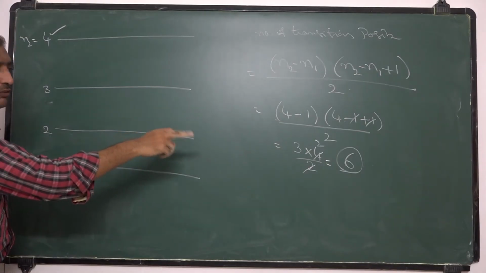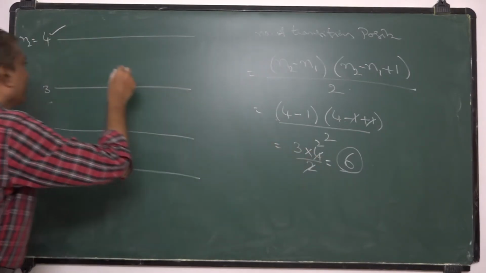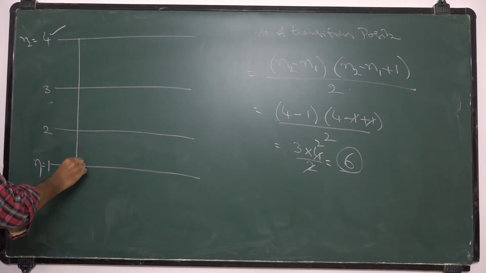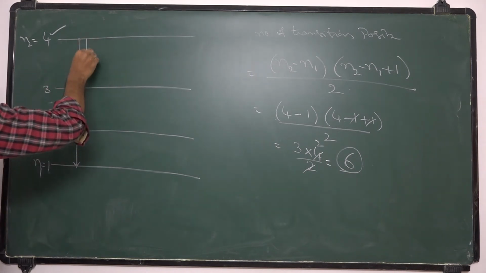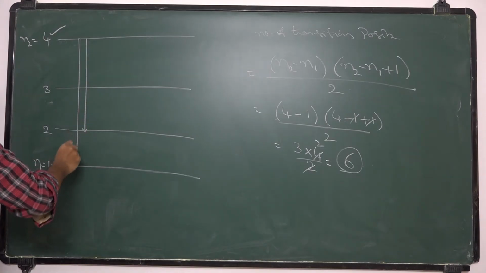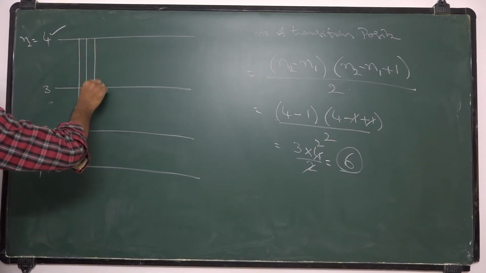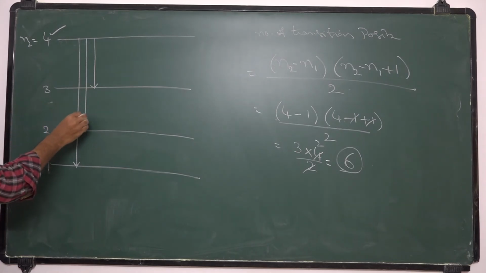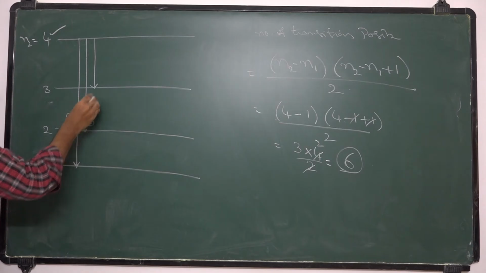So what are those 6? Suppose it may de-excite directly to the first state, to the second state, or to the third state. Here there are 3 possibilities: 1, 2, 3.